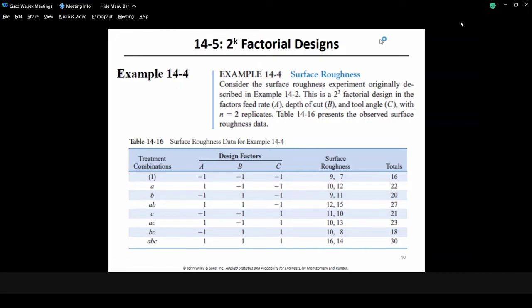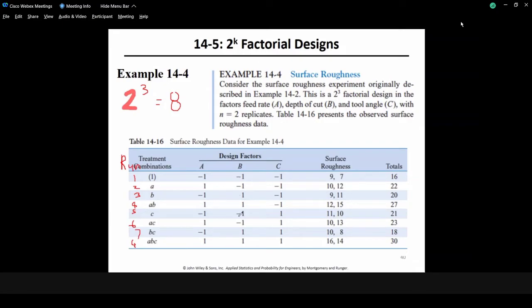Sorry guys, a 2 cubed design should have 8 runs. 1, 2, 3, 4, 5, 6, 7, 8 runs, right?